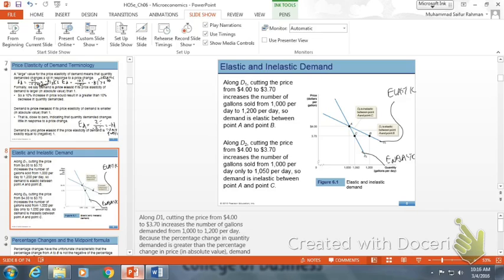So I take the percentage change in quantity demanded in the numerator, percentage change in price in the denominator. Can anyone calculate this for me? What's the number? 20 divided by 7.5.